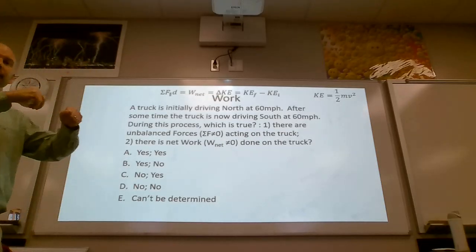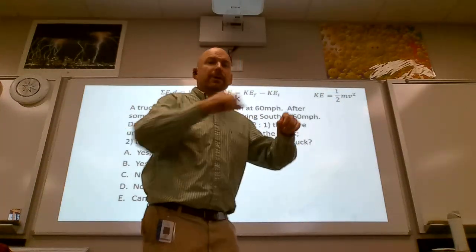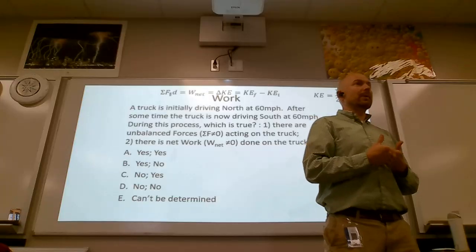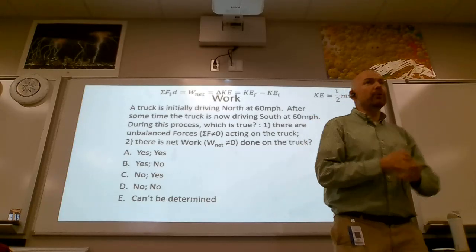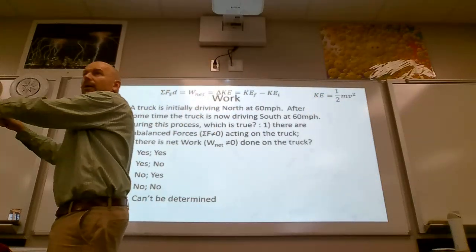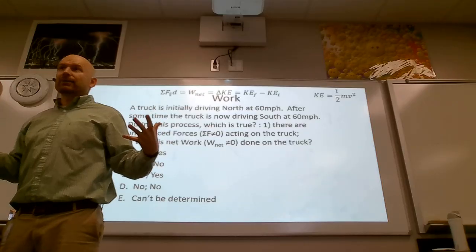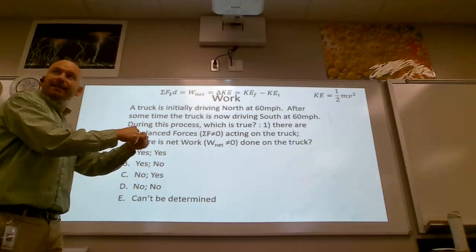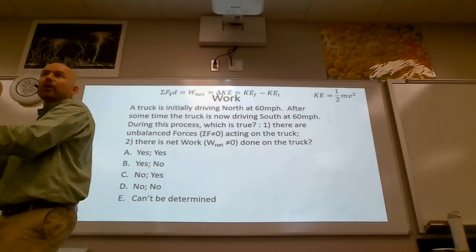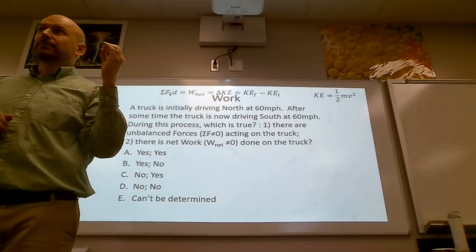If I just looked at the slowing down process and we started at 60 miles an hour going here to rest, that process would have a negative work. If we started here at rest and got to here 60 miles an hour going this way, then that process would have positive work. But if I start here at 60 miles an hour and end here at 60 miles an hour, the net work of that entire process is 0.